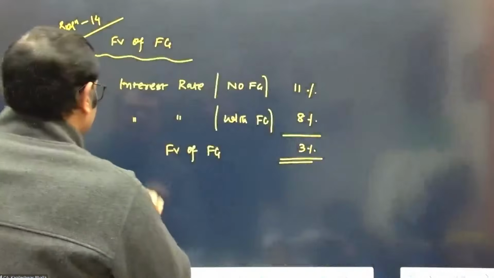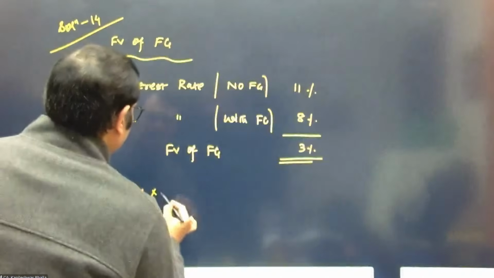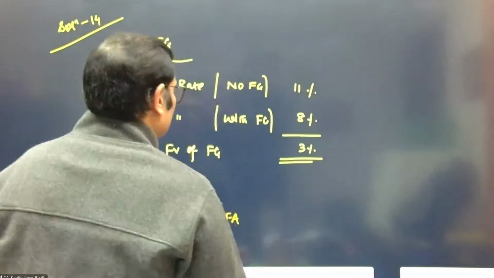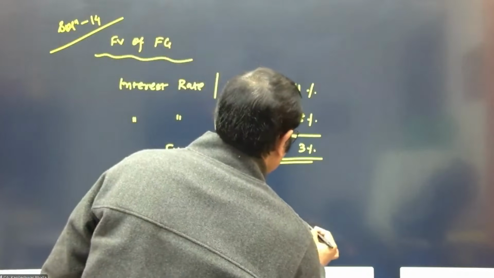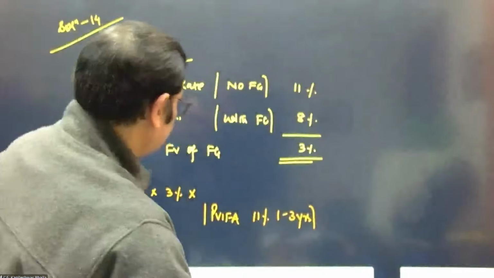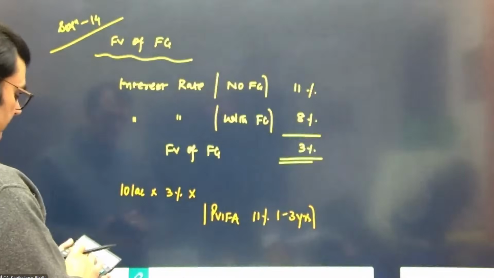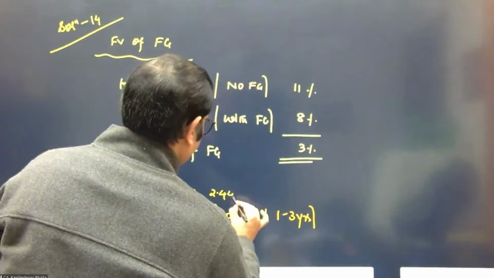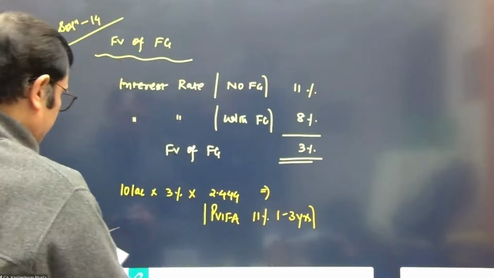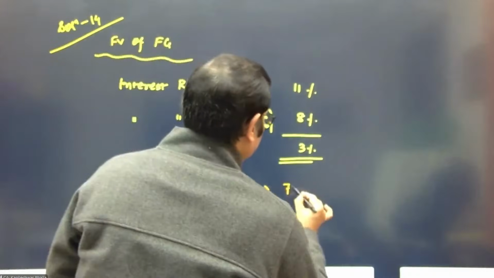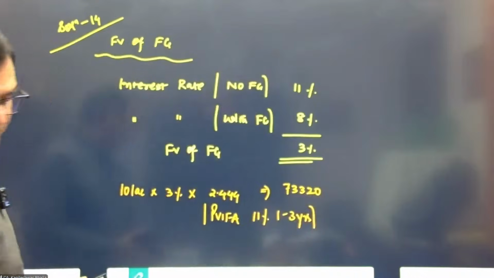So we take 10 lakh rupees, there is a 3% difference, and let's take a PVIFA at the rate of 11%. The loan is for a period of 3 years. So the PVIFA at 11% is 2.444, I think. So 10 lakhs into 3% into 2.444 comes to 73,320. That is the value.